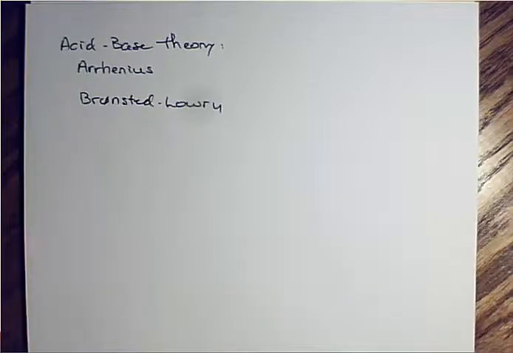In the Bronsted-Lowry theory, an acid is any chemical species that donates a hydrogen ion to a covalent bond with a second species. An acid is anything that donates a hydrogen ion to a covalent bond with another species.